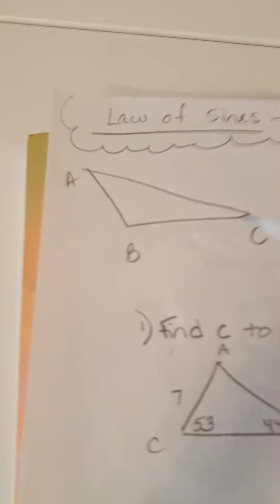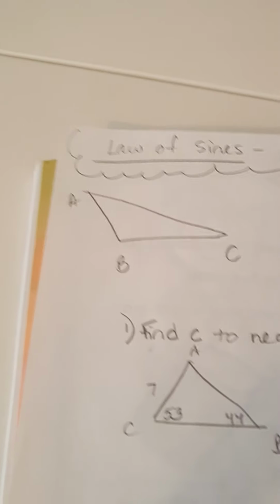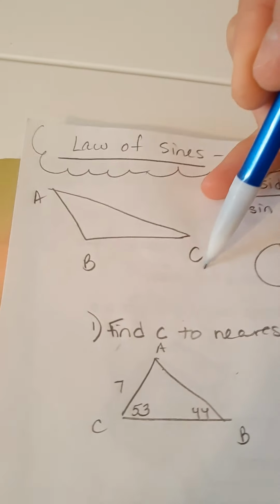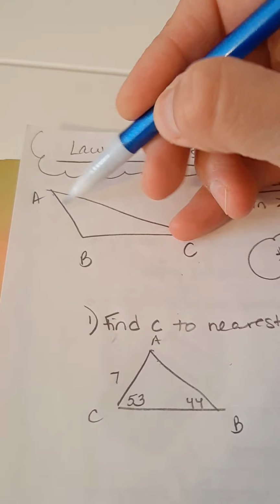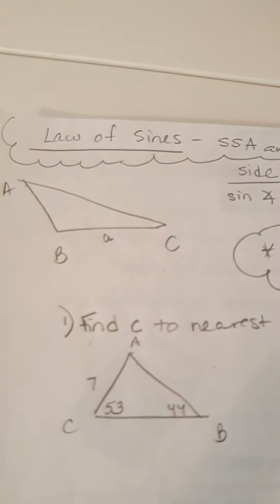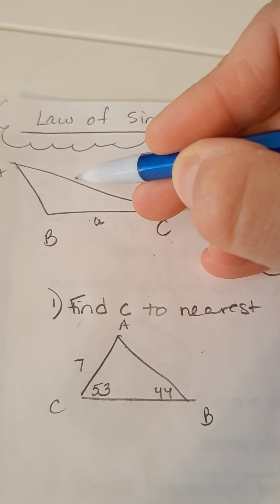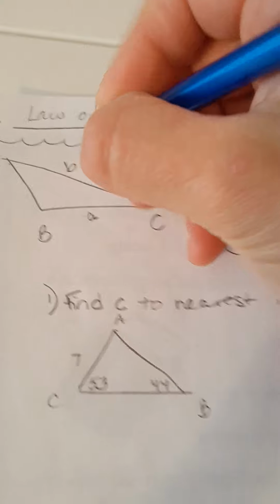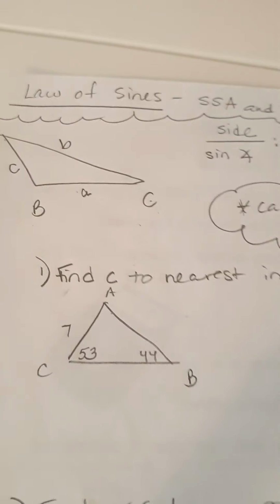You have triangles with angles, and the angles are in capital letters: angle A, angle B, angle C. The side across from angle A is known as side a, lowercase a. The side across from angle B is lowercase b, and the side across from angle C is lowercase c.